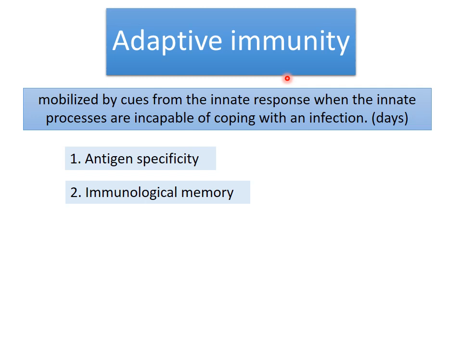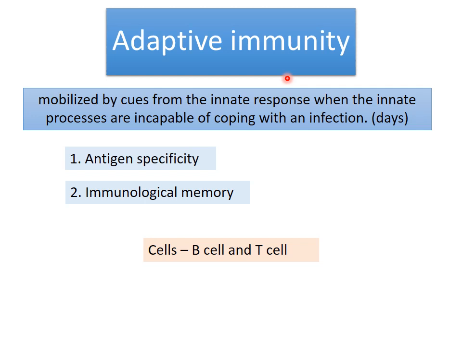But along with the innate response, adaptive immunity is responding in a specific way to generate the immunological memory, which helps to protect the host from reinfection with that particular pathogen. That is known as immunological memory. The cells of the adaptive immunity are B cells and T cells.